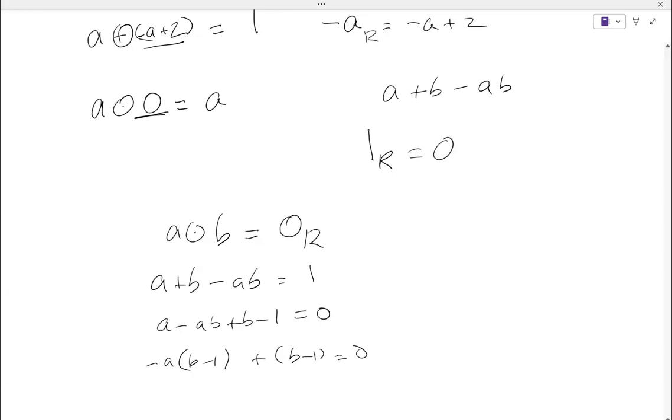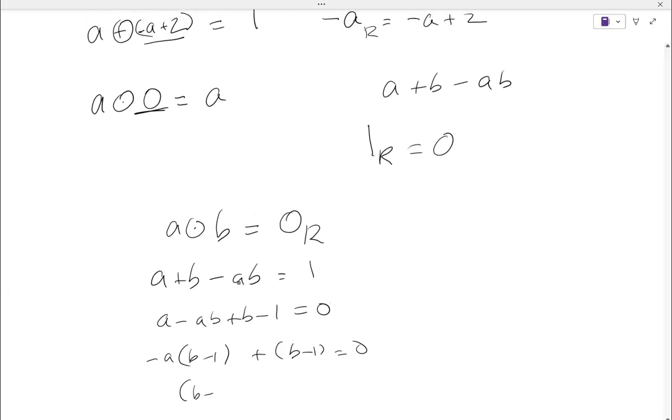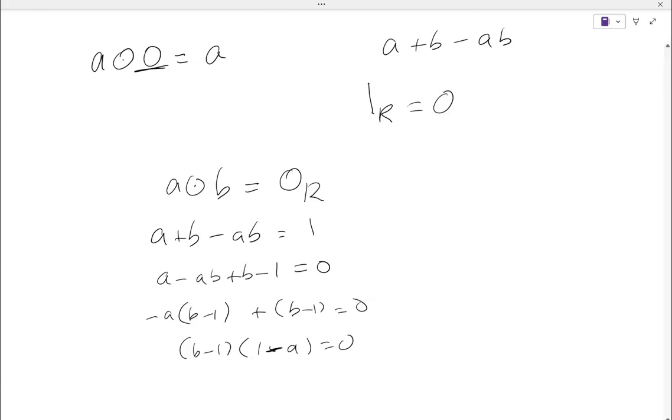And now we factor that, we get B minus 1 times negative A plus 1. Yep, or I'll write it as 1 minus A. Now this is ordinary multiplication in the integers, right? So what can I say about that product being 0? What has to be true? B is equal to 1 or A is equal to 1.